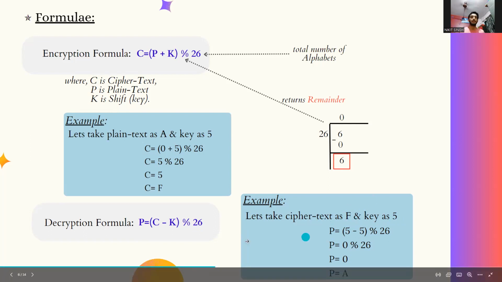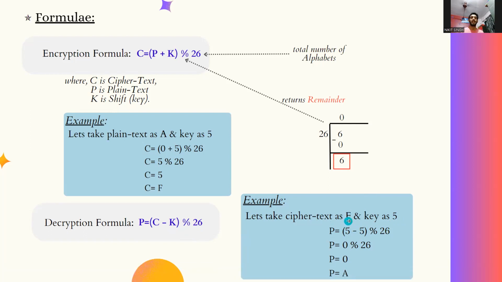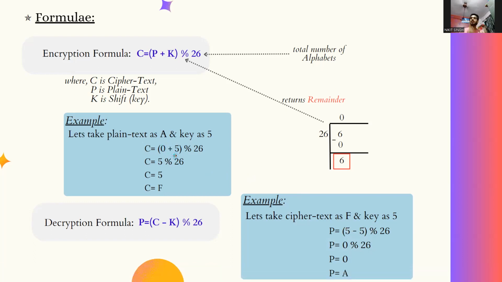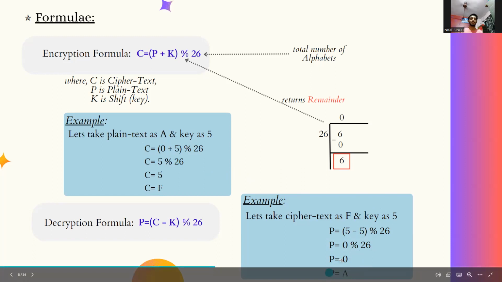I'm applying the formula here, and the value for F is 5, as we calculated. Applying all the given values, I get the answer 0 for plain text. And as I said, 0 represents the letter A. So these are the examples of the formulas.